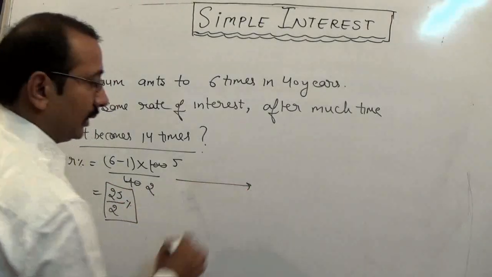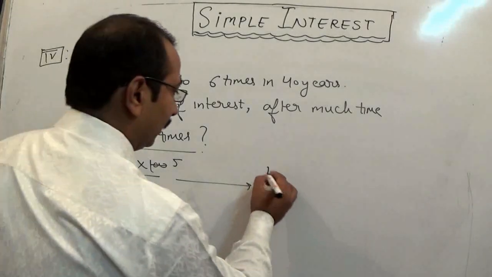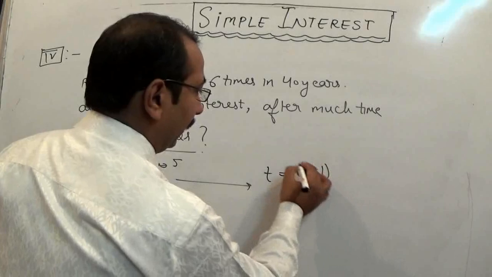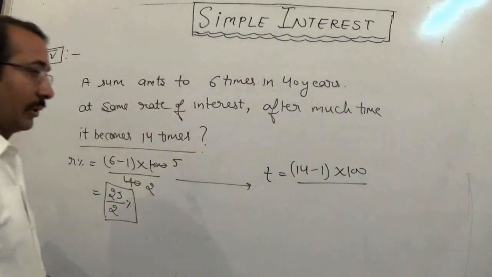Now the question is, if the same rate of interest follows, that means my rate of interest is 25 by 2%, I have to find my time when the sum becomes 14 times. So I can say time is equal to (14 minus 1) into 100 upon the rate of interest.